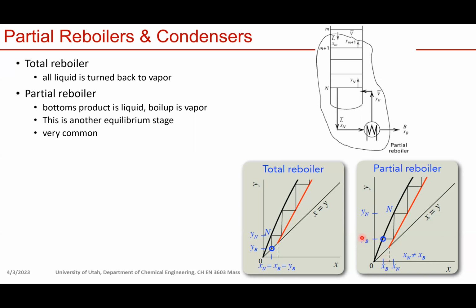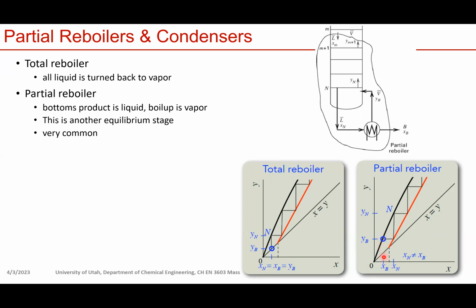YB and XB are in equilibrium with each other, so they sit on this point on the equilibrium line. That point, the blue circle, gives you your partial reboiler.